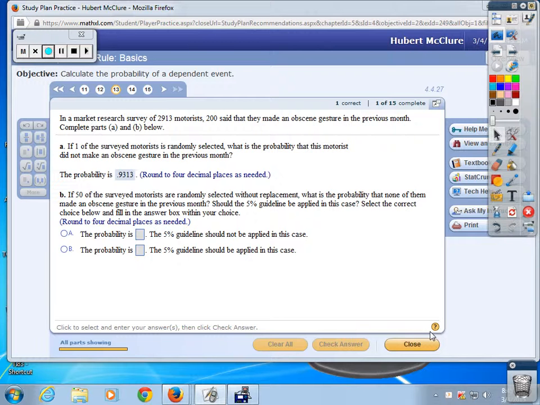So the ones that did not make an obscene gesture was 2713, right? So that'd be 2713 over 2913 raised to the 50th power? Am I reading that correctly?